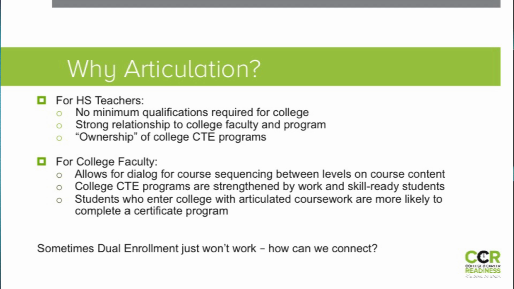And then I think it really involves ownership of the college CTE programs. When a high school teacher is articulating a course that's part of a college program, they really feel like they're part of the success of that CTE program. They feel ownership of that college program. And again, we're all in this together. We all want to see these students move across this CTE pipeline in order to be completers of degrees and certificates and employed in our communities successfully and happily, frankly.